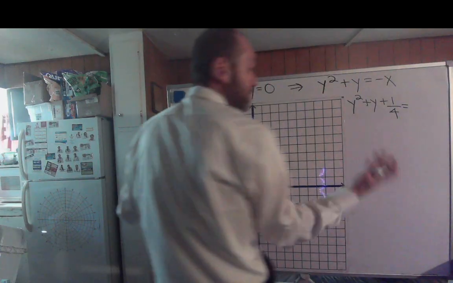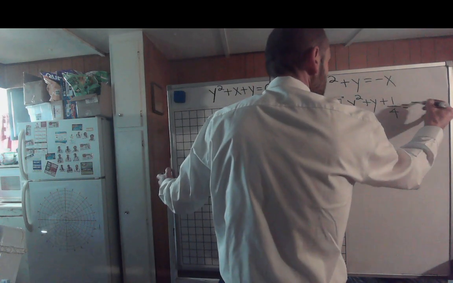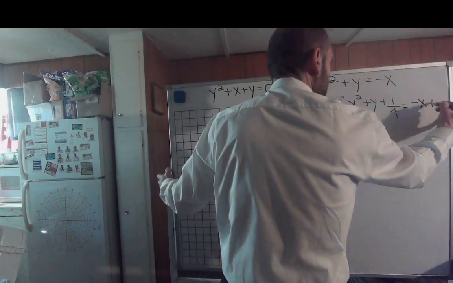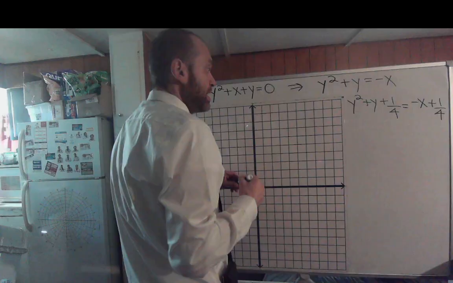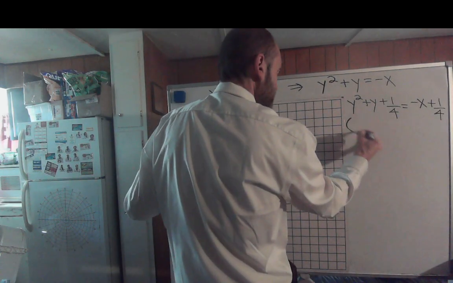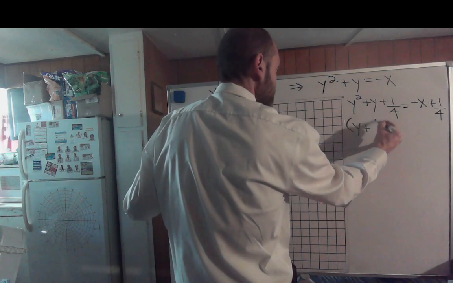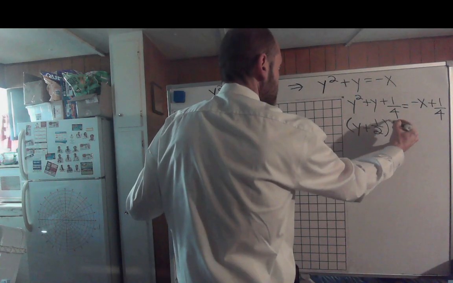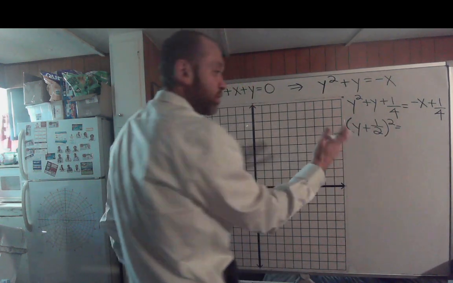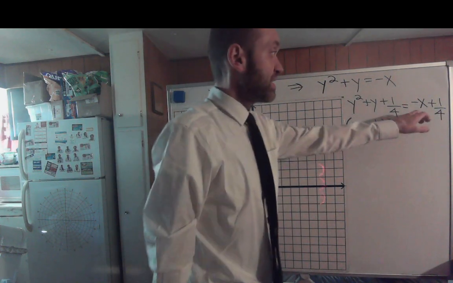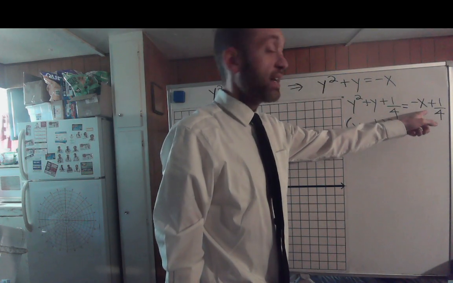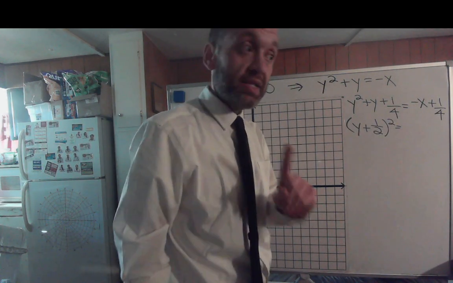But what you do to one side, you've got to do to the other. So the right-hand side would become negative x plus 1/4. Now, the left side would simplify into the quantity of y plus 1/2 squared. Since we completed the square, we've got a form we can work with. Now, on the right side, the coefficient on your x itself should always be positive 1.